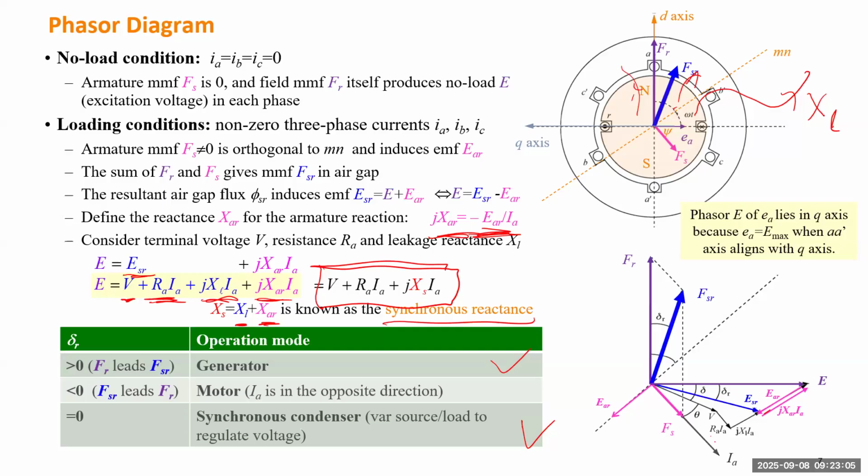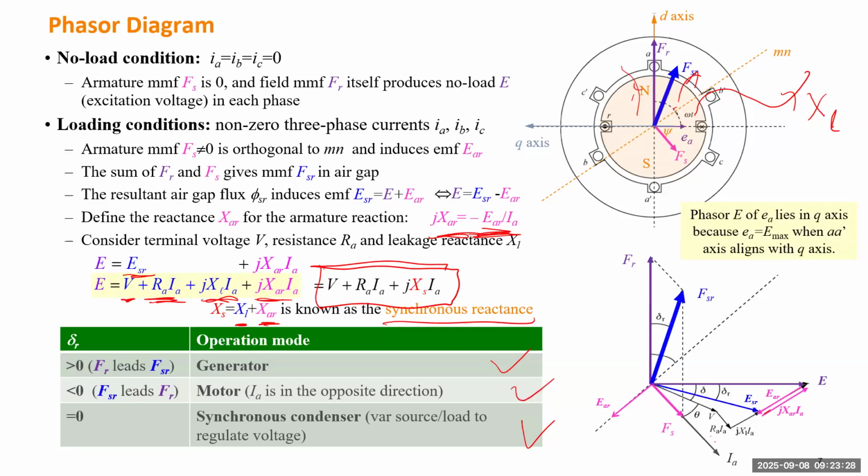So this is 0, there's no real power, but it still can deliver reactive power, which means the voltage may not be exactly equal to this E. They may be either longer or shorter, depending on whether you want this generator to generate or consume reactive power. But anyway, that's called synchronous condenser mode.